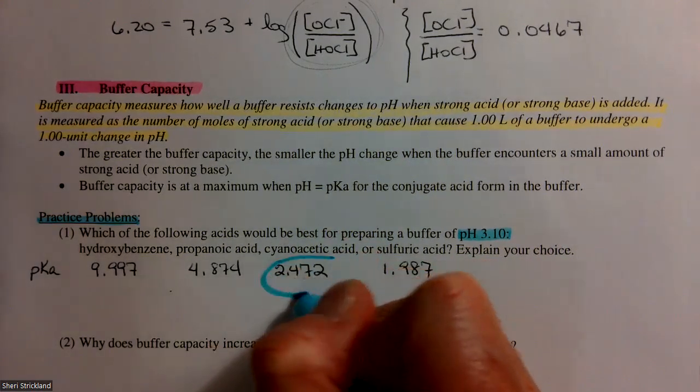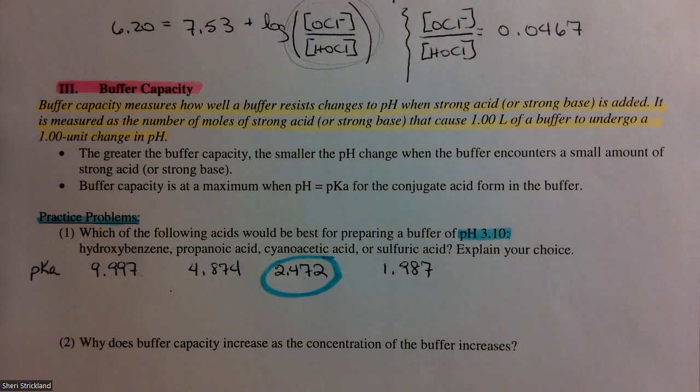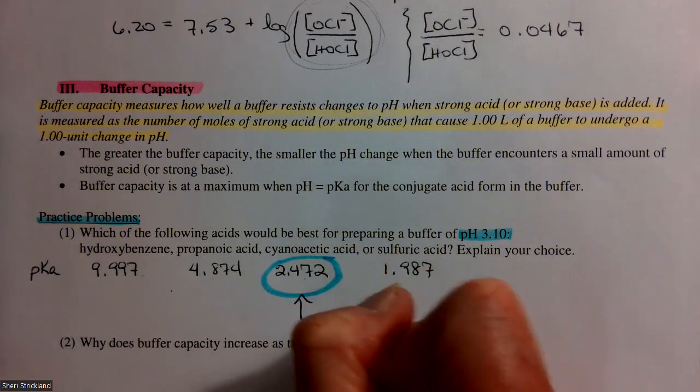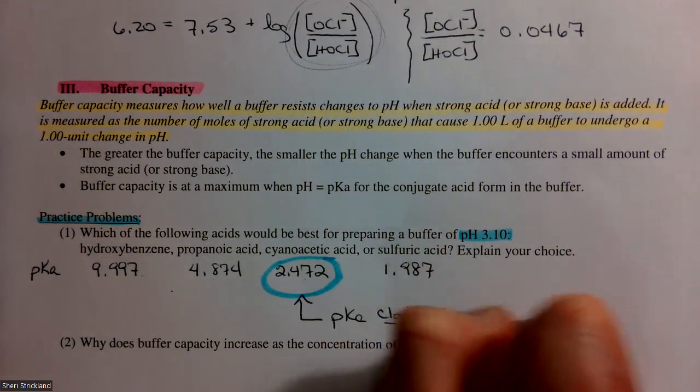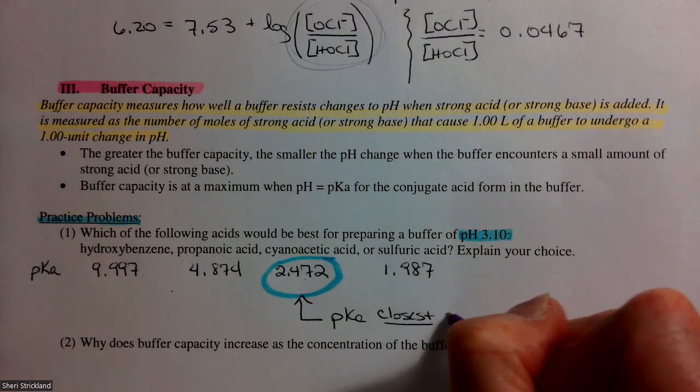So we're going to go with this one. This would be the best acid to use because it has a pKa that's the closest to the desired pH. It doesn't matter if it's above or below.